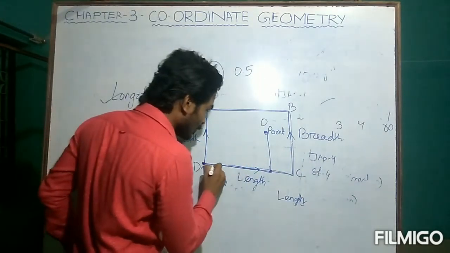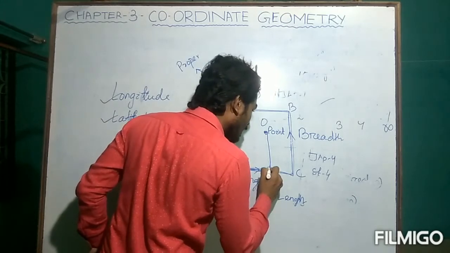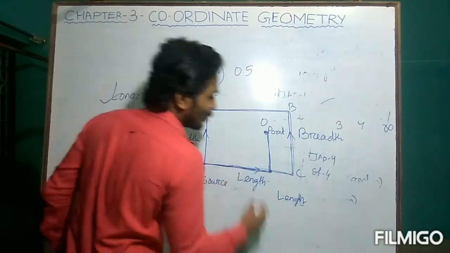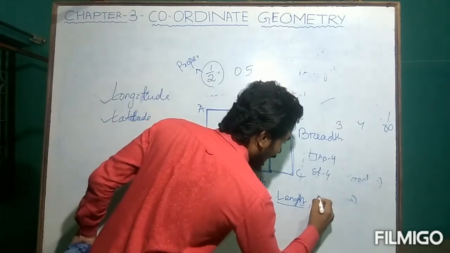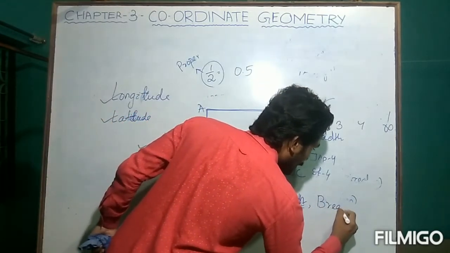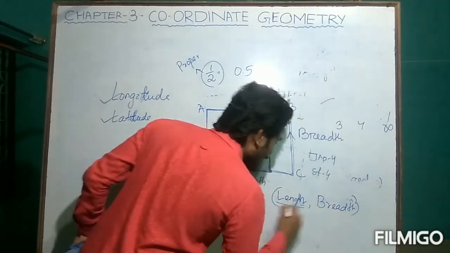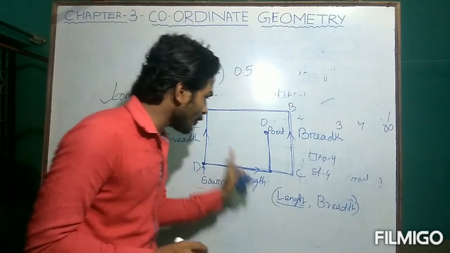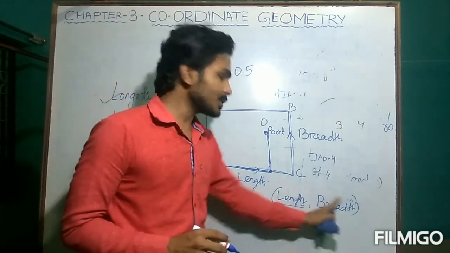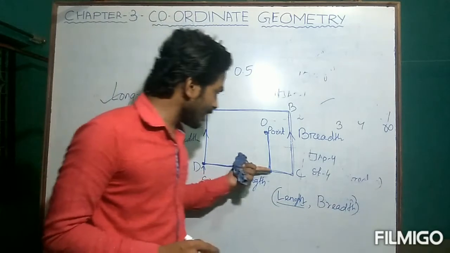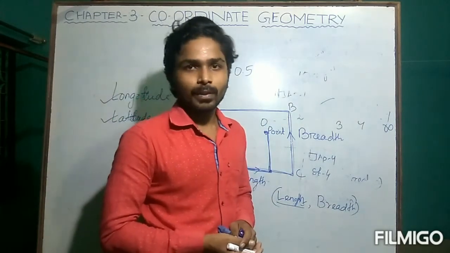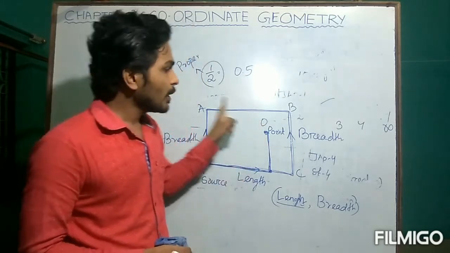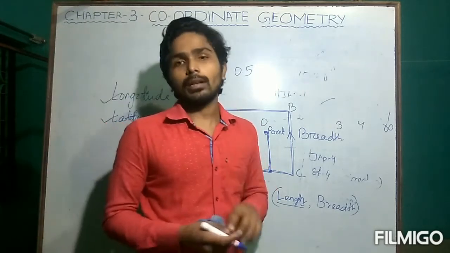So first we have to go through length, then we have to go through breadth, so that we can reach the point O. Hence, in order to reach the point O, we have to follow two conditions. What are they? First length and then breadth. So it means in order to locate the position of a point, we need at least two conditions.